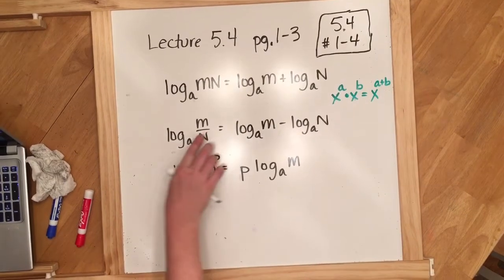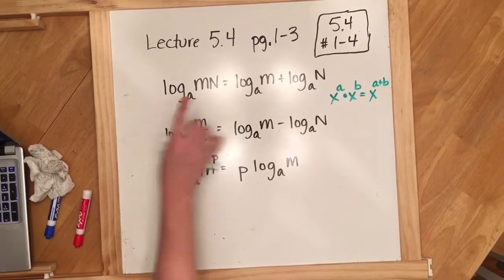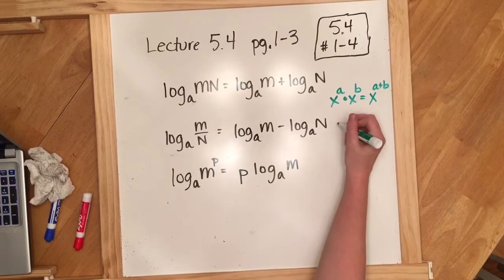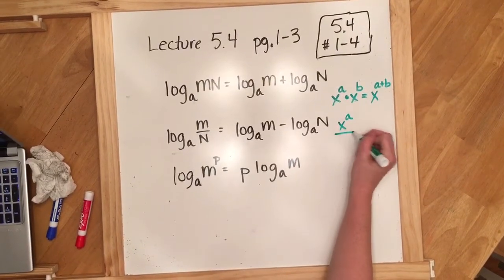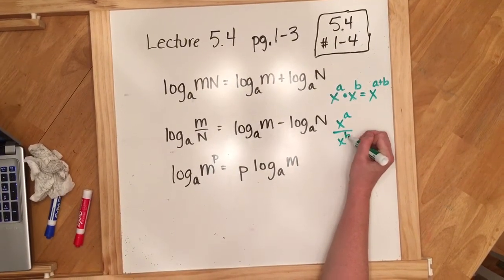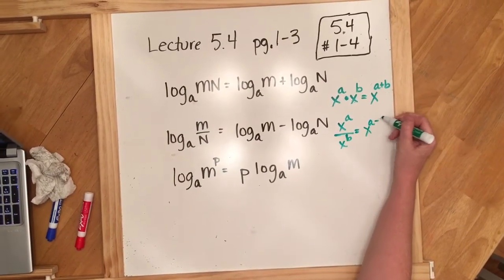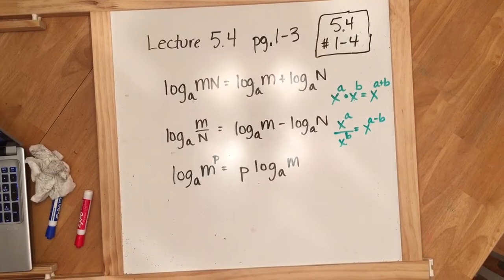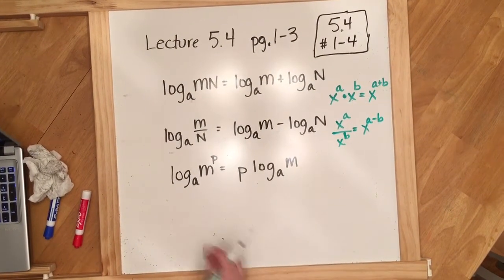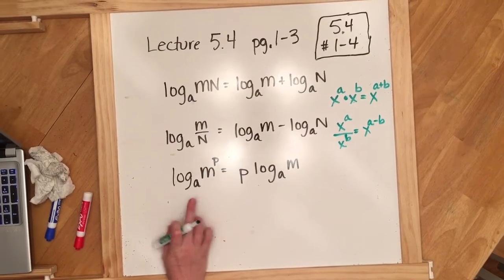And similarly for the quotient rule, division is going to mean subtraction. And we see that again if we have the division of exponents with the same base, we know that we subtract those exponents. And as we work with logarithms, we'll also see the power rule.